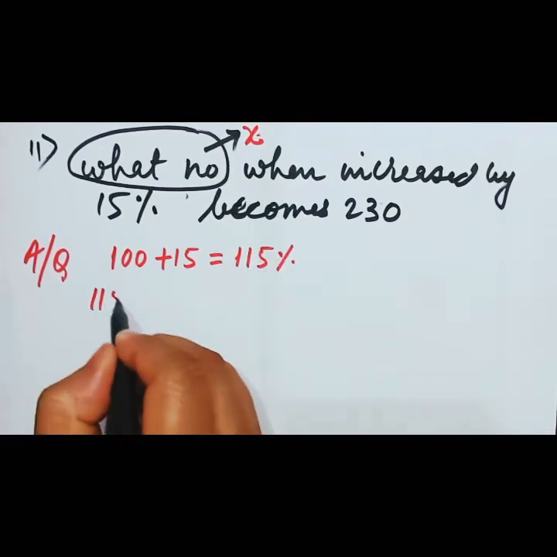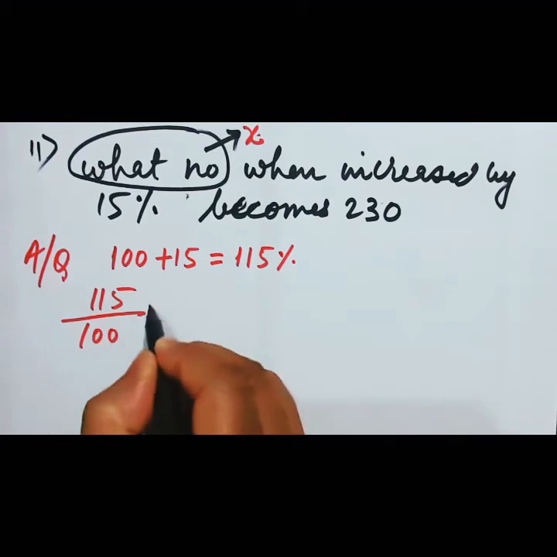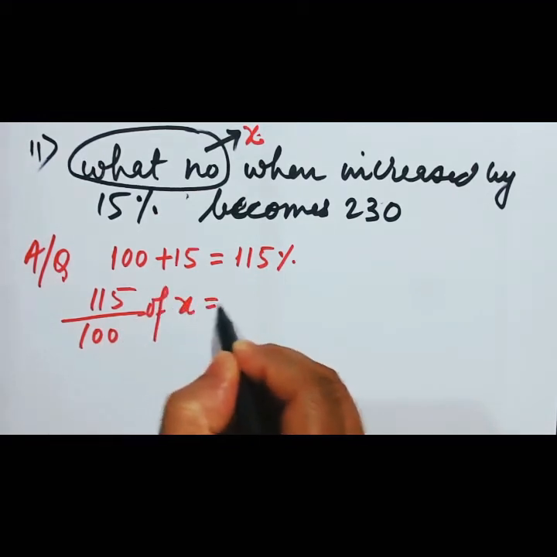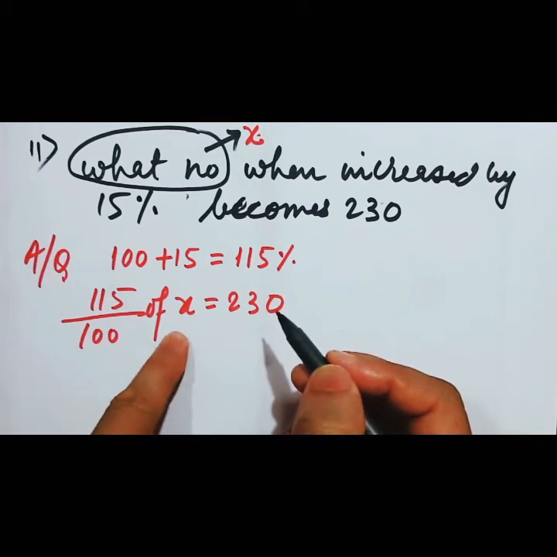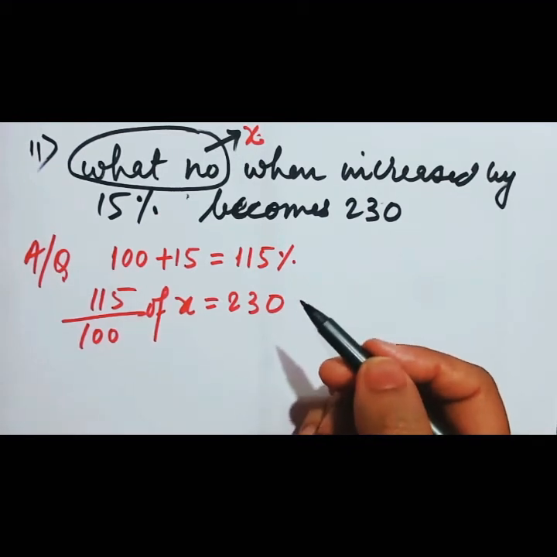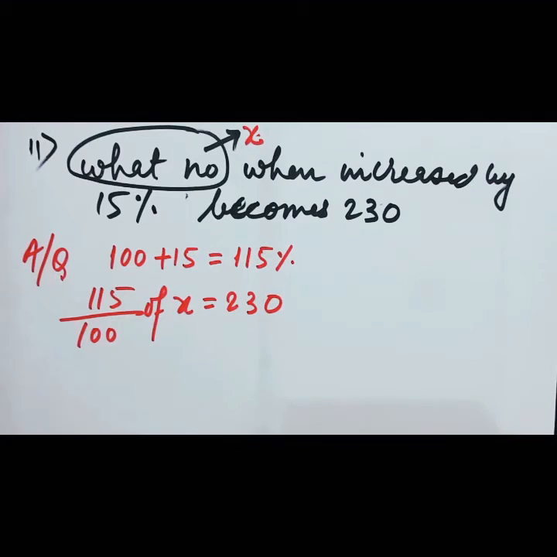So 115% of x will be equal to 230, and once you do this, naturally anyone can find the value of x. So let us find the value of x.